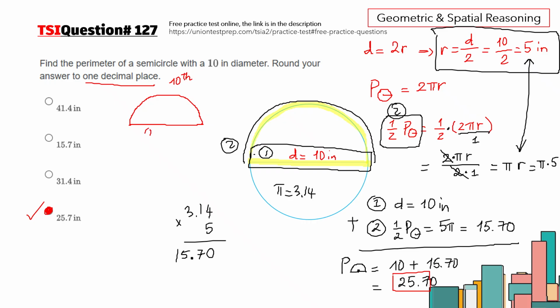The first part is the diameter. The second part is half of the perimeter of the circle. Then when we add them up, we have the perimeter of a semicircle. In this case, we only keep one decimal place, so 25.7.